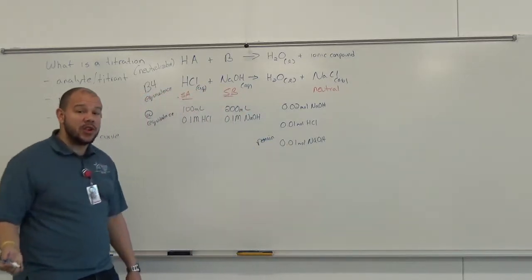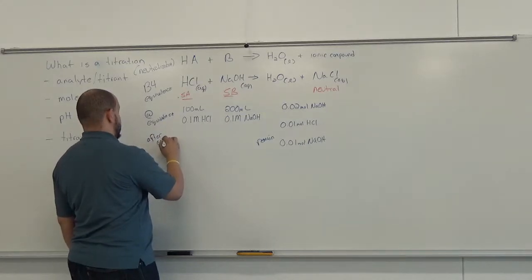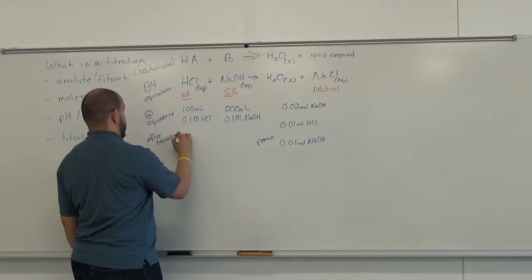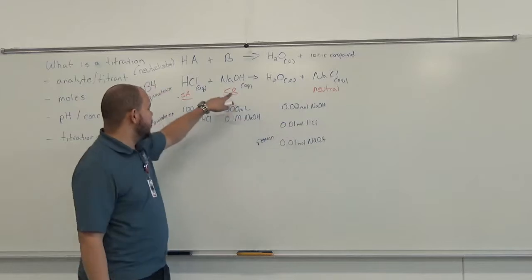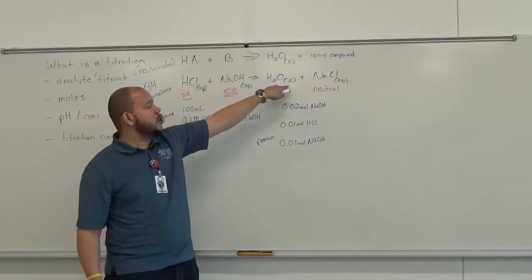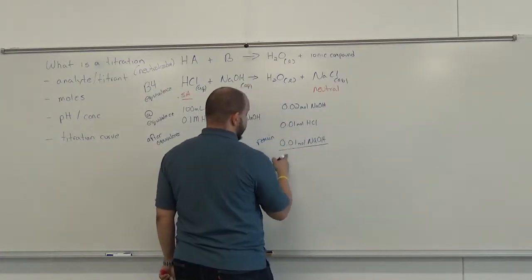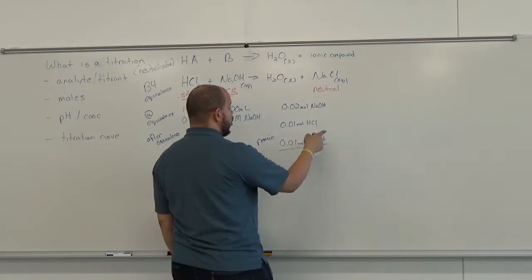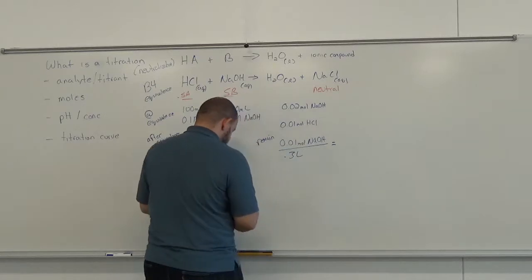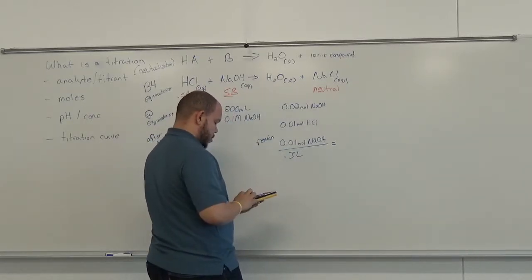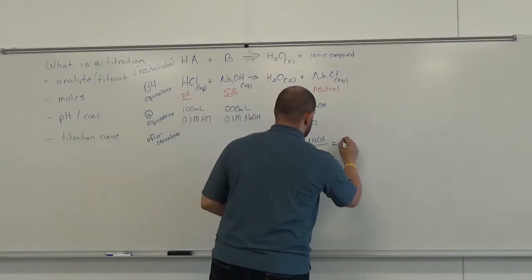Now, our pH of this solution, we can call this after equivalence, is a function of a strong base dissociating completely in a solution of water and a neutral salt. So now we have 0.01 moles left over, and the total volume, which in this case is 0.3 liters, so we're dealing with 0.01 divided by 0.3, so 0.033333.